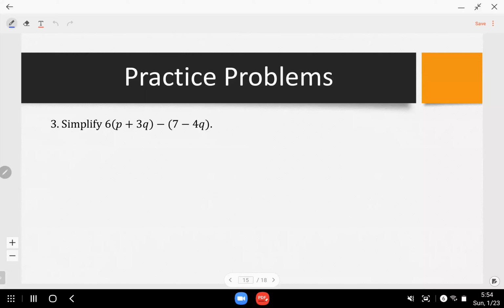Simplify 6 times the quantity of p plus 3q minus the quantity of 7 minus 4q. How are we going to do this?